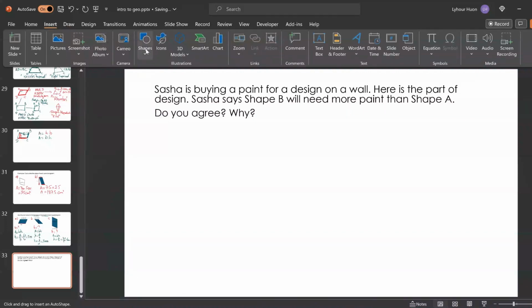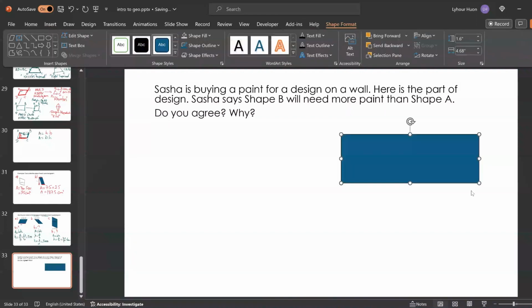First, it's a rectangle. This is a wall, and then we have wall shape A here. This is shape A. Mark it as okay.